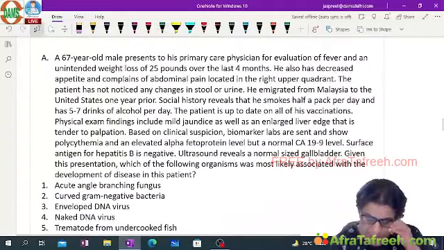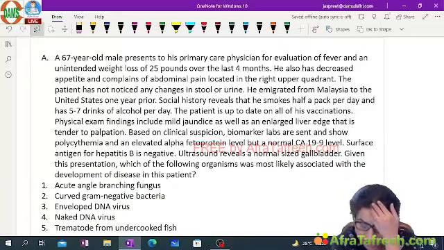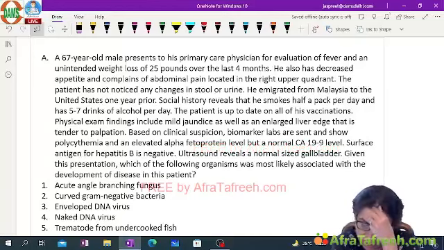A 67-year-old male presents to his primary care physician for evaluation of fever and an unintended weight loss of 25 pounds over the last 4 months. He also has decreased appetite and complains of abdominal pain located in the right upper quadrant. The patient has not noticed any change in stool or urine.